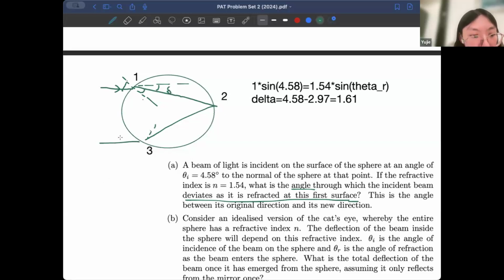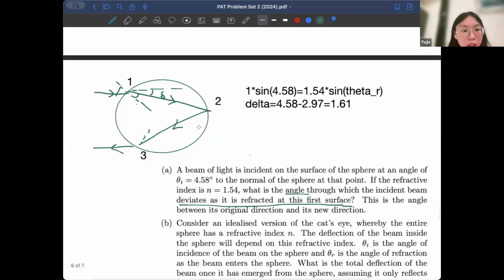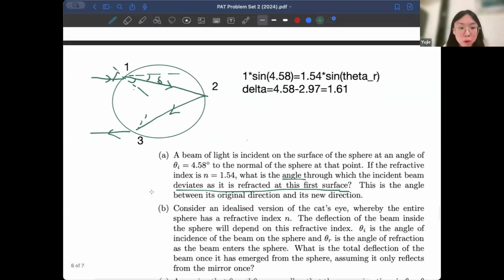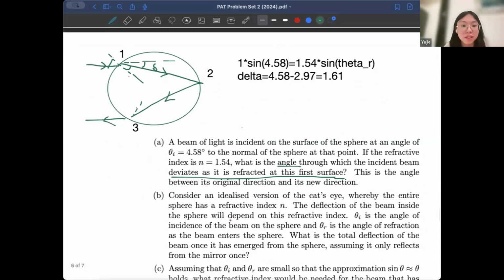So it goes this way. Okay. So at the first point, the angle of deviation, we've already deduced it. But for part B, the specific value of theta I is not given. So we have to use the letter theta I itself instead of the specific numbers.